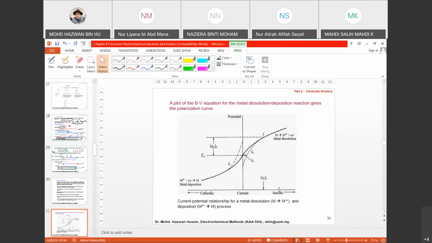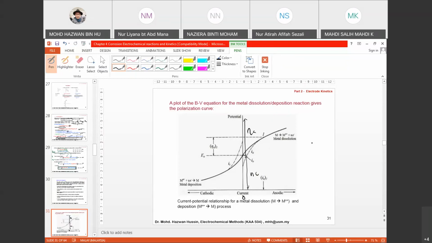So earlier, I think I explained to you about overpotential. You have, at current zero, a potential. As the potential increases anodically, this is eta A, and this is eta C. This is plotted with potential on the y-axis and current on the x-axis. You can also have current on the y-axis and potential on the x-axis.